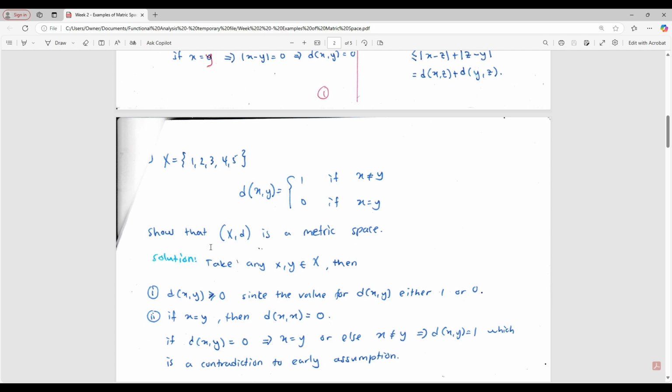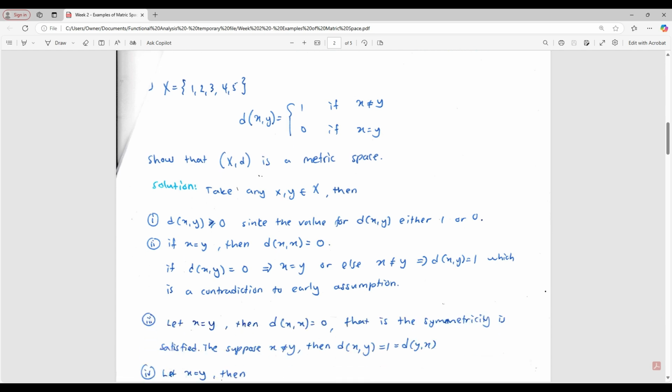So now I assume that x equals y. Then I will get, based on the definition, the metric between x and x must be equal to 0, which is what I want to prove. Okay, now I'm going to start with d of x y equal to 0. If I suppose that d of x y, or the metric of x y, equals 0, then I'm going to get x must be equal to y.